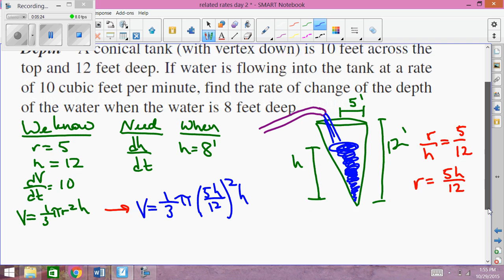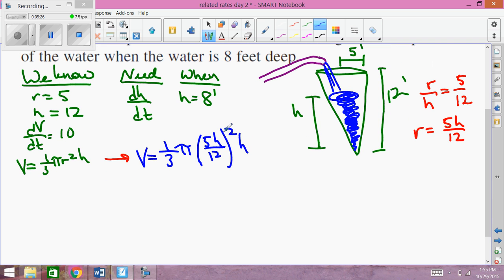This is good because now we have an equation that involves only h and V. Before I start taking the derivative, I'm going to simplify: volume equals pi over 3 times 25h cubed over 144.